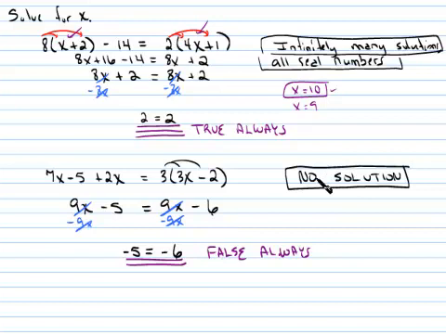How do you recognize it? Whenever your variables disappear and you're left with something that's not the same on each side, that's telling you that it doesn't matter what value you use for x, we're never going to get the two sides to be the same. As opposed to the previous one, where the x's disappear but we have the same thing on both sides. That's implying that it doesn't matter what you use for x, you're always going to have the same thing on both sides.